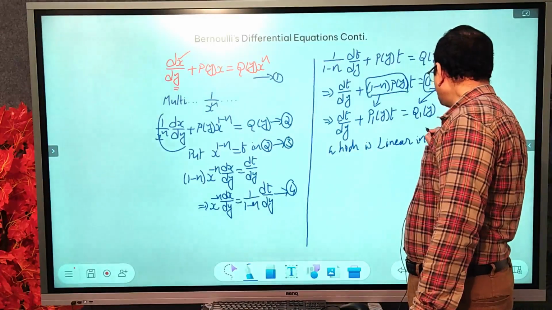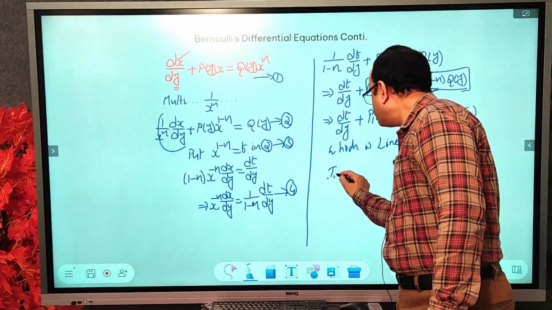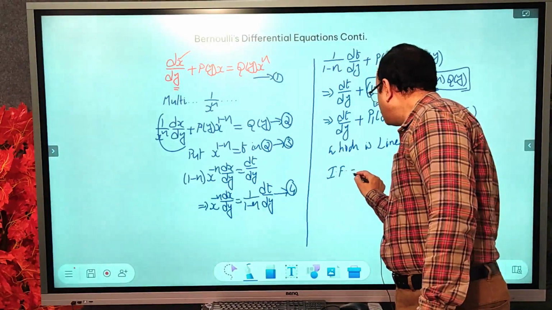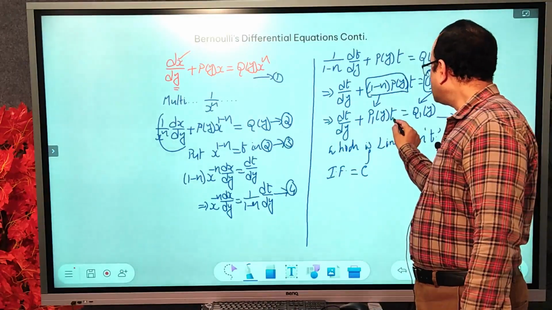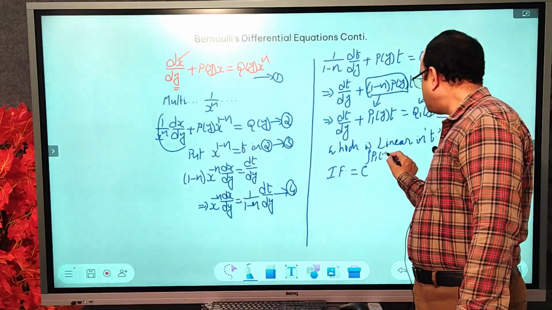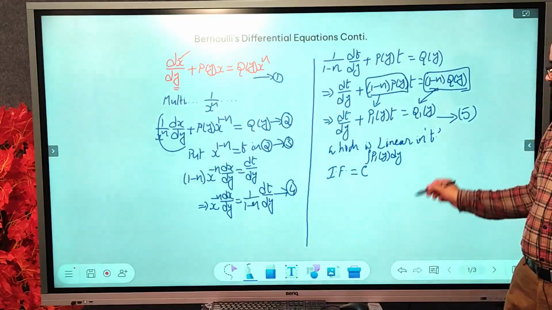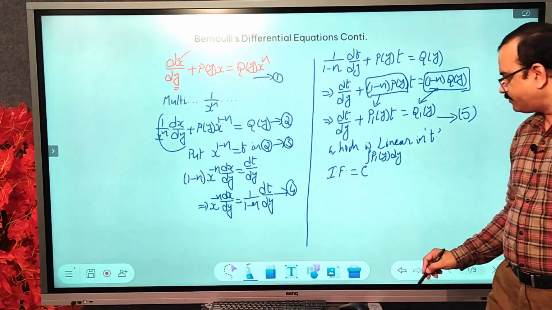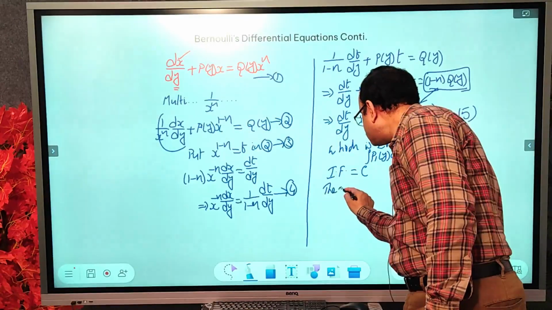Now we know how to solve a linear differential equation, so for that we have to find the integrating factor, given by e power integral of p1 of y dy, since the coefficient of t is p1 of y.